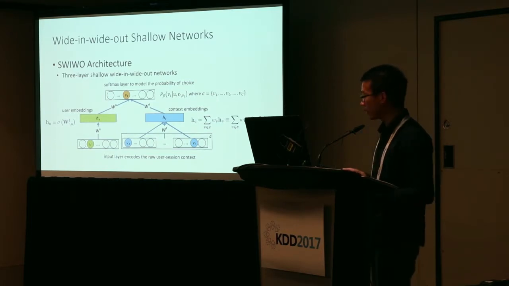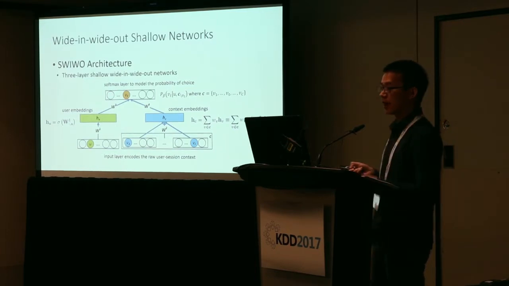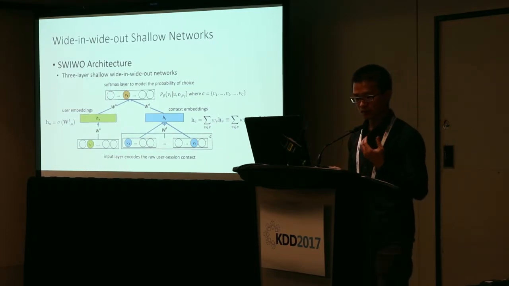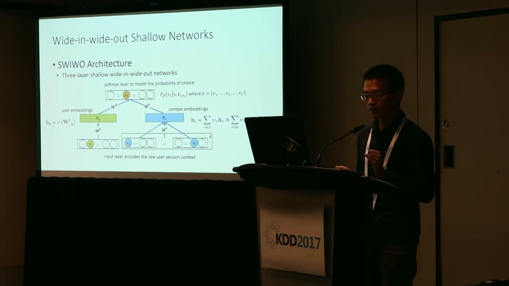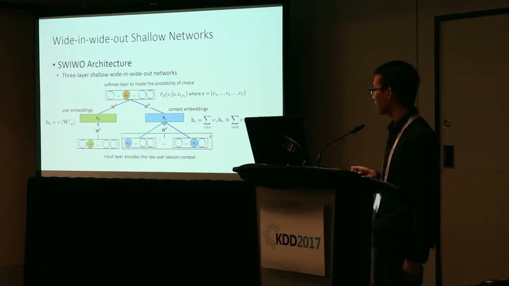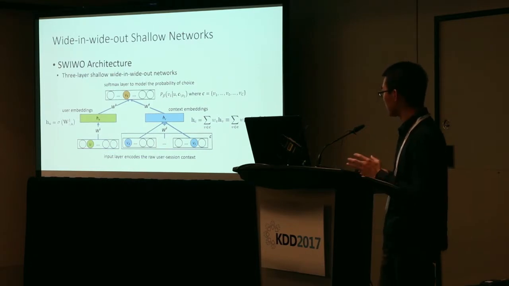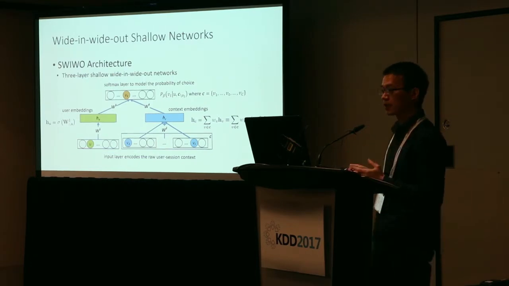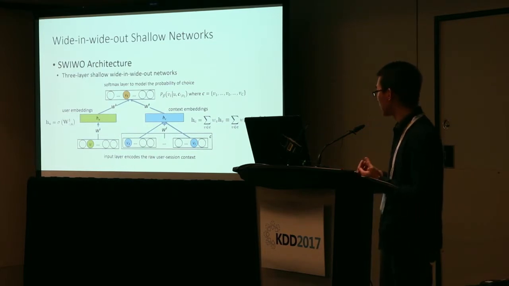The way we did it is that if an item is closer to the target item, we assign a higher weight. If an item is far away from the target item, we consider it less dependent on the target item.